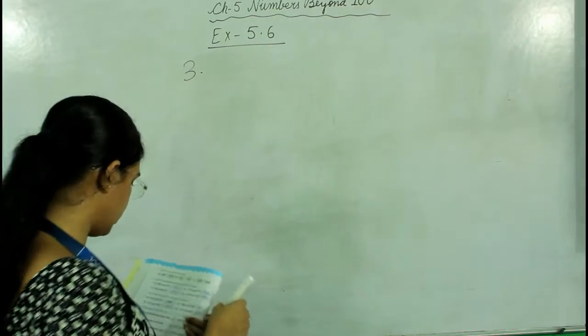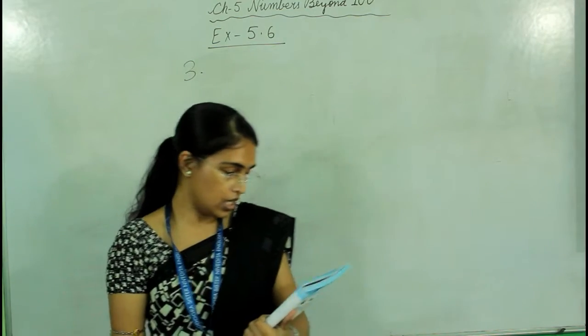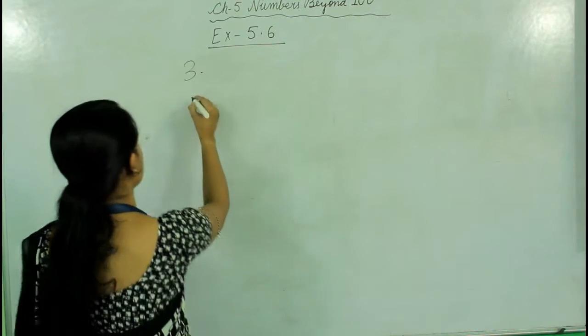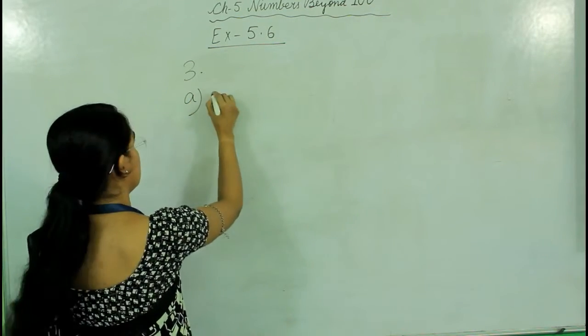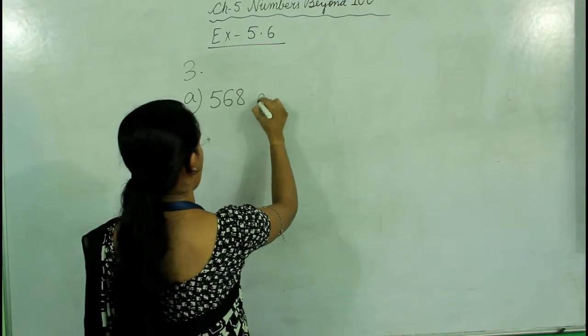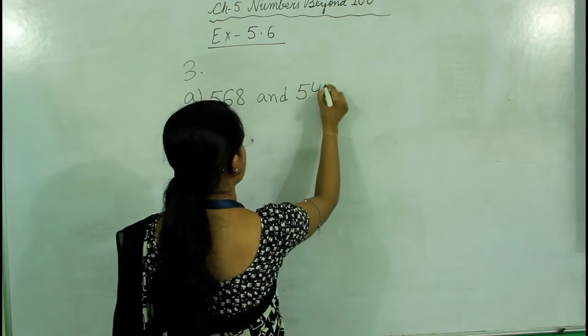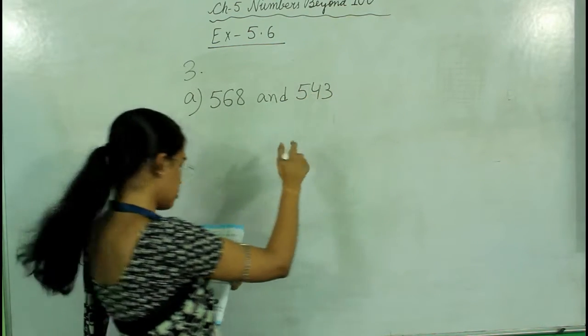In question number 3, the question is: write the predecessor of the smaller number. Now look here, in question number 3A, the question is like this: 568 and 543. In this way it is written in your book, right?